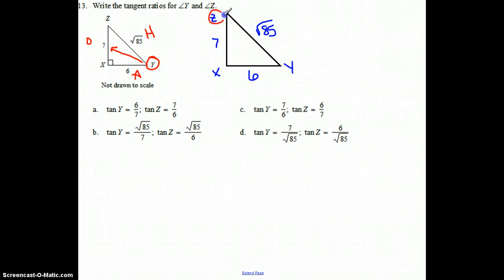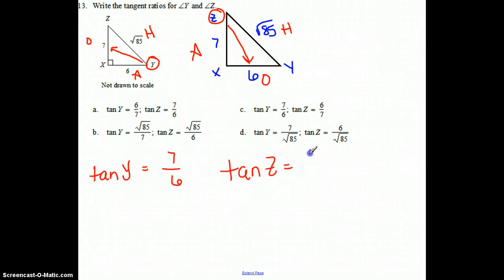And on this one, z is going to be my focus angle, which means opposite, adjacent, and hypotenuse. So on the first one, to do the tangent of y, opposite over adjacent. Then the tangent of z is going to be opposite over adjacent. So if I'm looking at all of these values up here, C is going to be my answer.